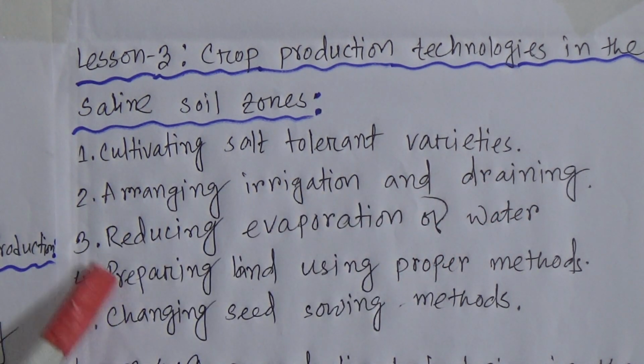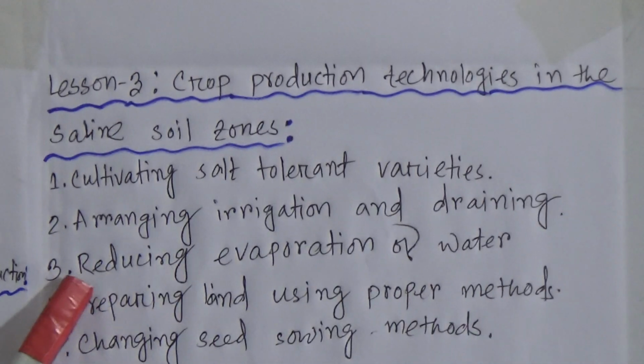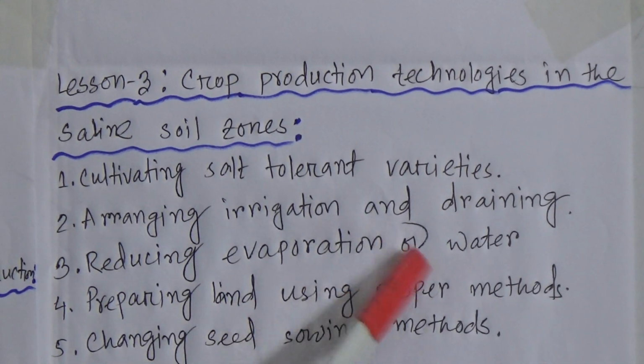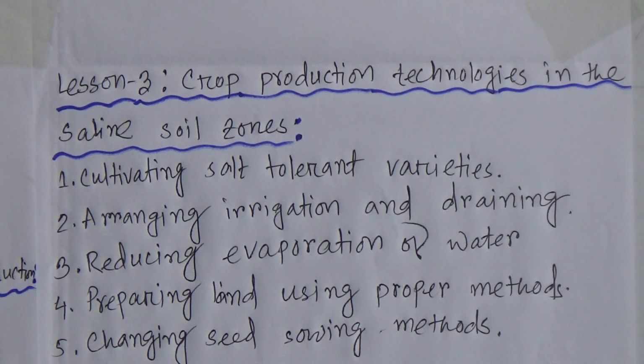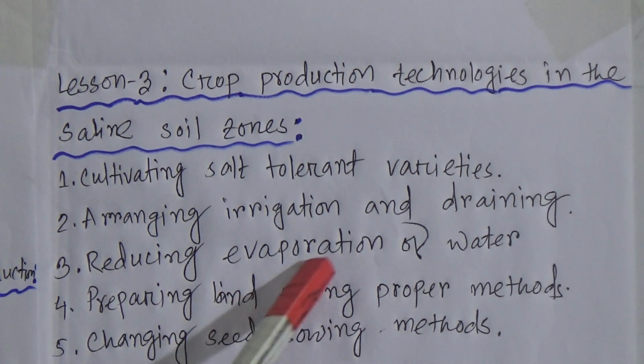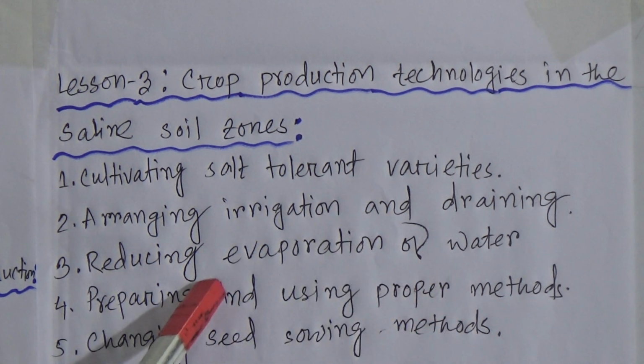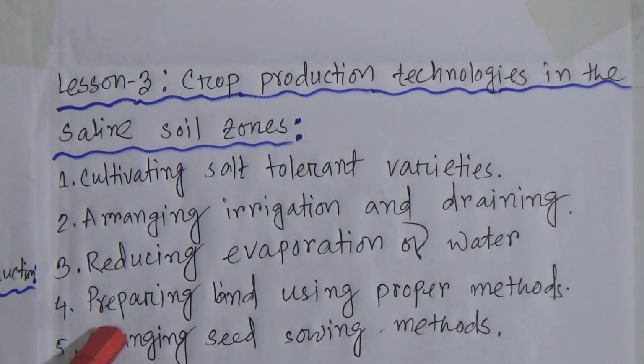Then number 3, reducing evaporation of water. Dear friends, by the process of evaporation, the soil's salinity increases. So farmers should be aware of this evaporation of the water of that soil or of that land. Preparing land using proper methods.